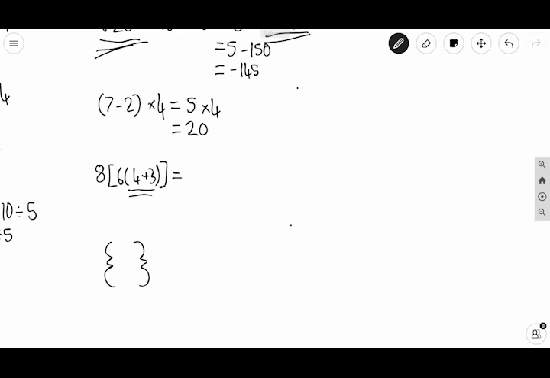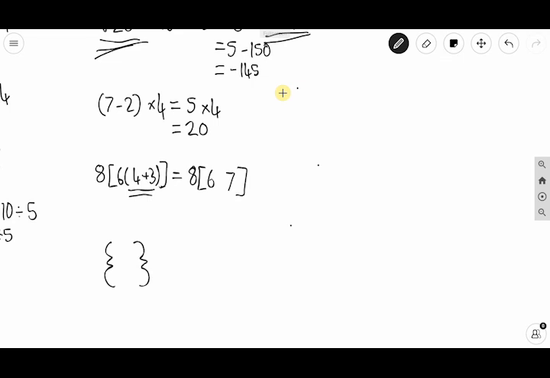And let's do this question. So we write it out again, and then 4 plus 3 would give us 7, and then we can close the bracket.